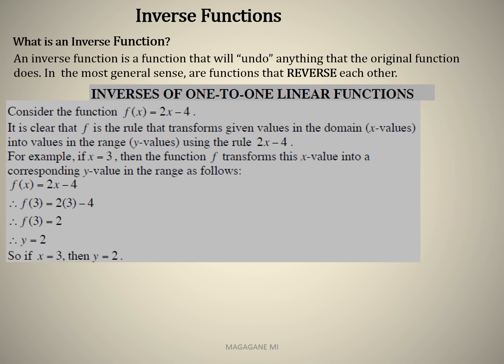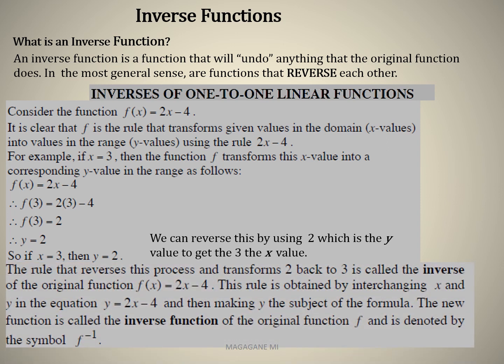So now let's look at the reverse. We can reverse this by using 2, which is the y value, to get 3, which is the x value. The rule that reverses this process and transforms 2 back to 3 is called the inverse of the original function f of x equals 2x minus 4. This rule is obtained by interchanging x and y in the equation y equals 2x minus 4 and then making y the subject of the formula.